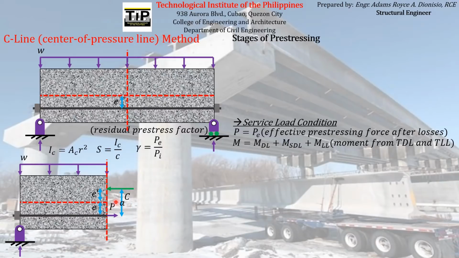So again, the total compressive force acting on the concrete section is at a distance A from the line of action of the pre-stress force, and with respect to the centroid or the neutral axis, the total compressive force is at a distance E prime above the neutral axis or the centroid of the cross section.